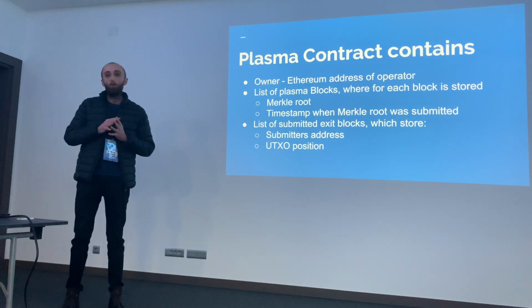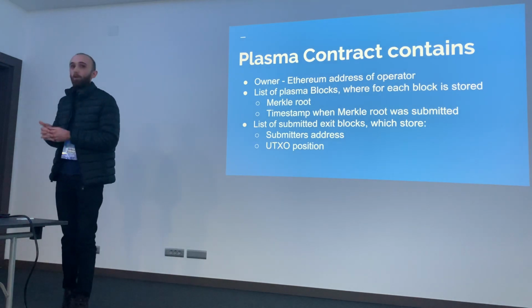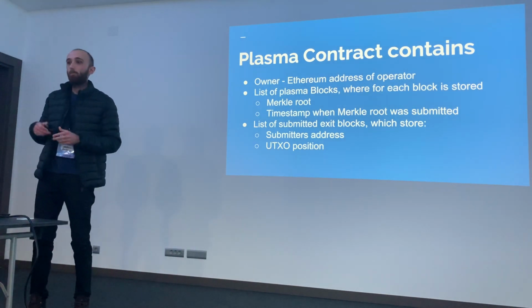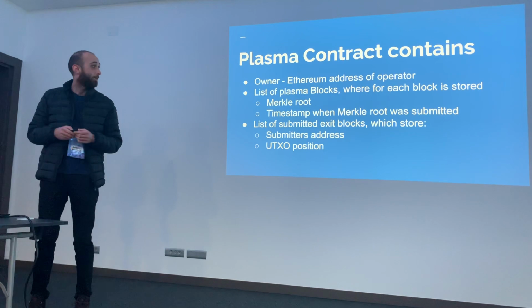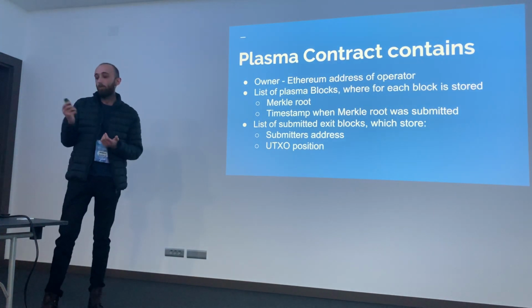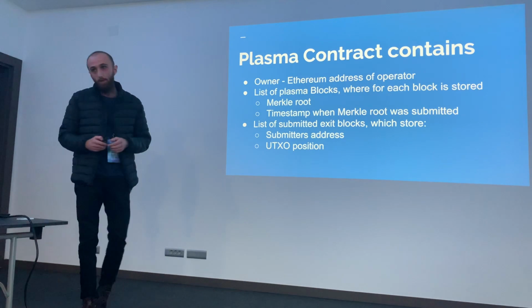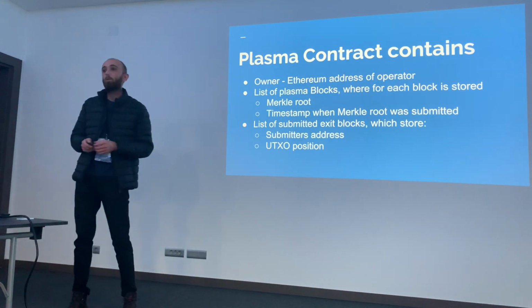So the first thing we need to know: on mainnet, we need to assign an owner or an operator of the contract, so the operator can update the state when it needs to. The middle bridge has to work somehow, and the smart contract needs to know about that. The second thing is, in the smart contract on mainnet, we need to have a list of Plasma blocks.